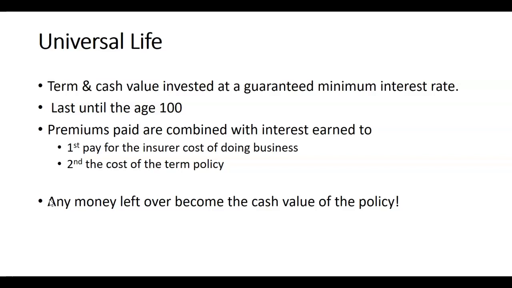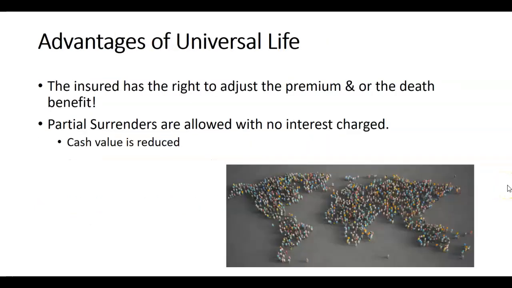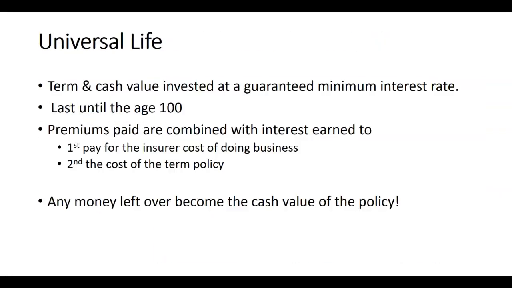So any money that's left over becomes the cash value in the policy. So with universal life, you get more flexibility compared to term life and the other life insurance policies.